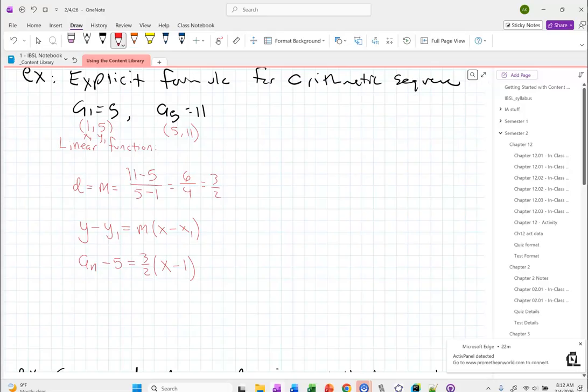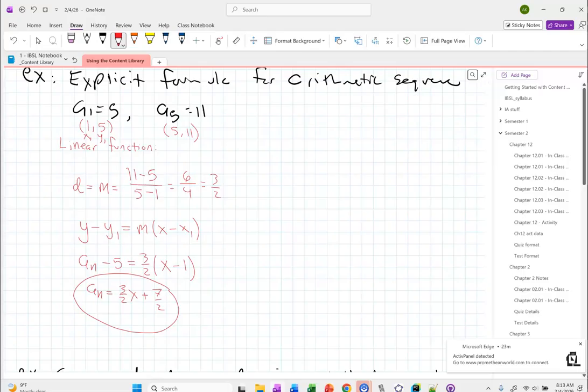And then I just simplify things. So I have minus 3 over 2 plus 5 is going to be plus like 7 over 2. And I'm done, right? So again, you can use the explicit formula, and like what Lucas was describing will work.